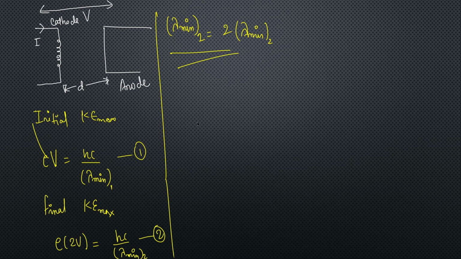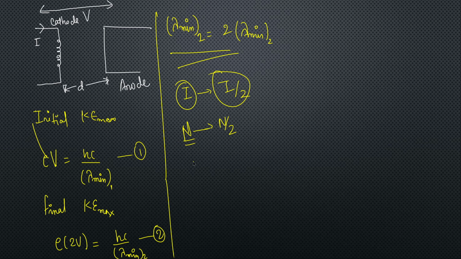Now we'll talk about the current I going from I to I by 2. The current is decreased, so the number of electrons emitted will also decrease. That n will go to n by 2, so the intensity will also reduce to half.